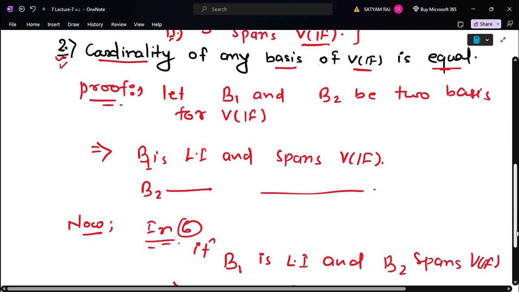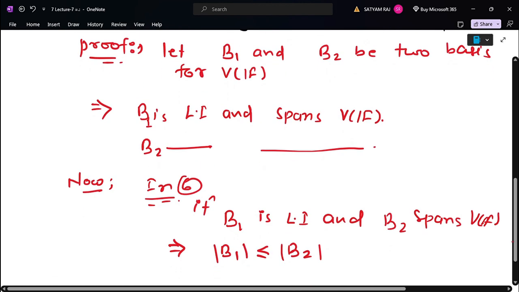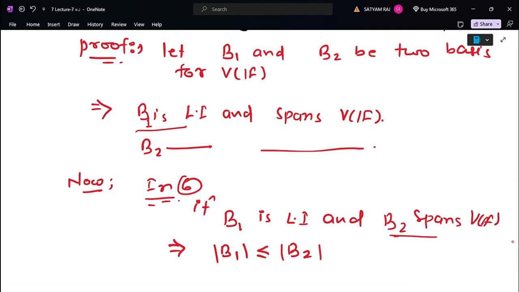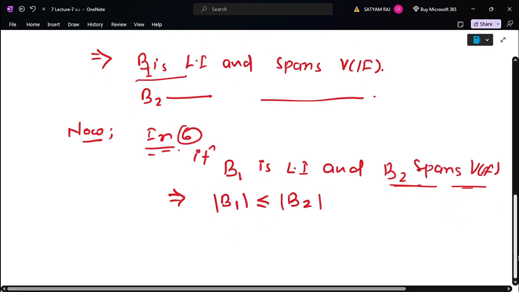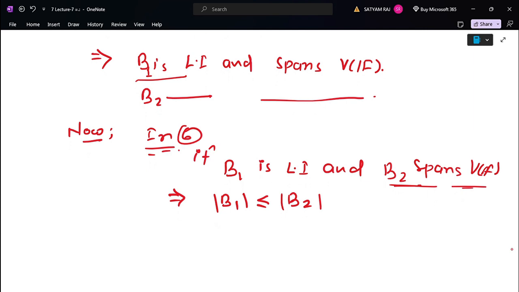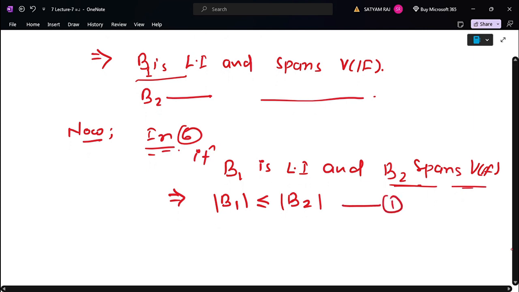Because B1 is a basis, it will be linearly independent, and B2 is a basis, it will span. We are using only the definition of basis. So the cardinality of B1 is less than or equal to the cardinality of B2, and I have proved this statement in lecture 6.